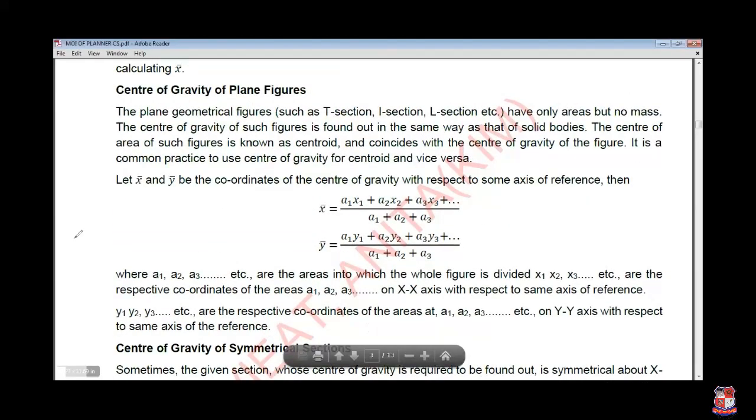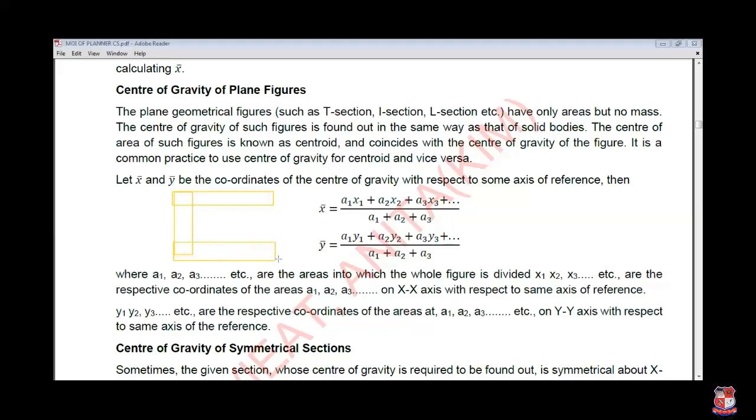If you are having a C shape, I have not drawn the shape perfectly.